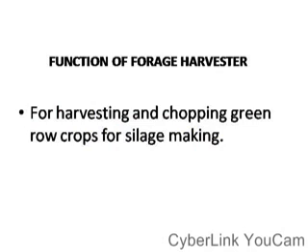Function of forage harvester. It is used for harvesting and chopping grain row crops for silage making. Like I've just told you, when a whole plant is harvested, the machine will chop it into pieces.